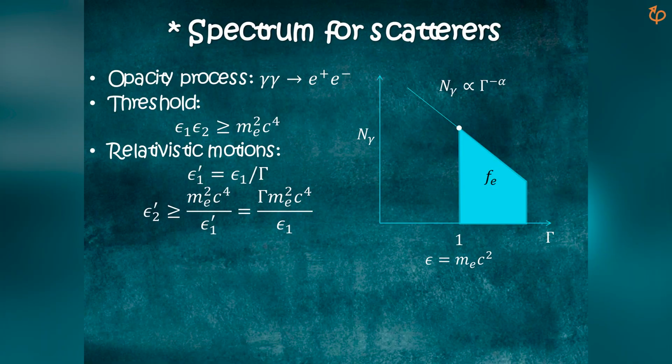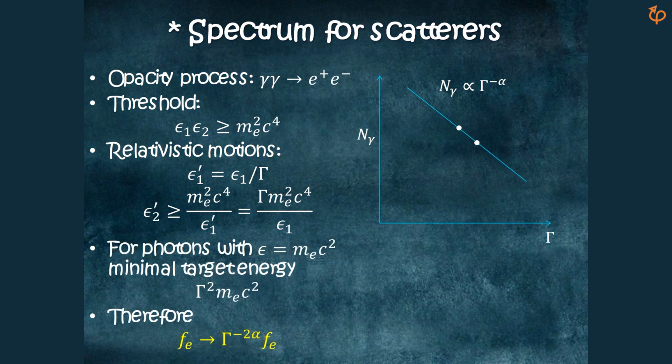If the energy of the first particle is epsilon divided by gamma, the energy of the second particle should be this energy times gamma.